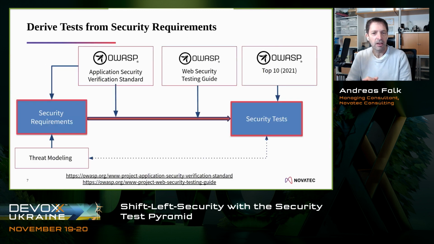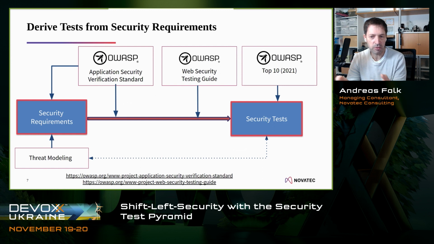So now you would ask yourself, how do I find those unit and integration tests that I should create, that I should run automatically for my application? It all starts with having concrete security requirements. If you don't have concrete security requirements, it's really difficult also to derive security tests from that.